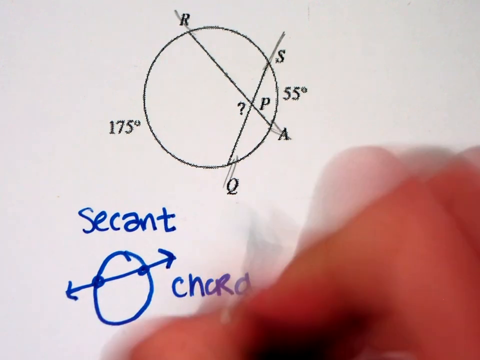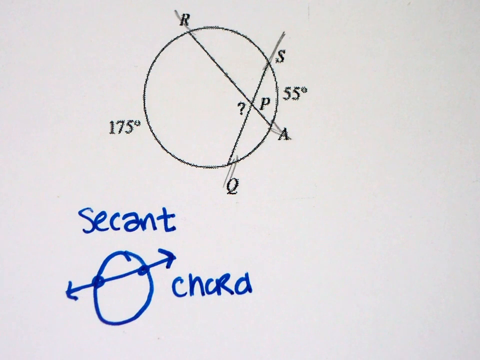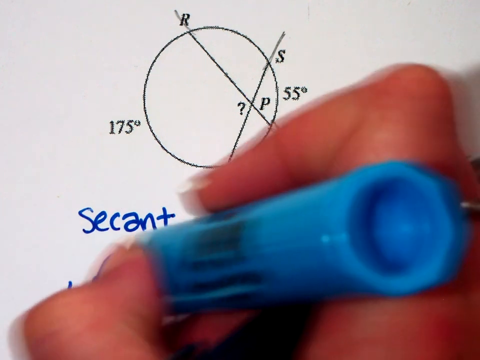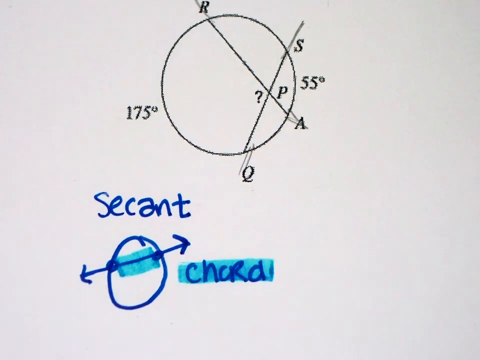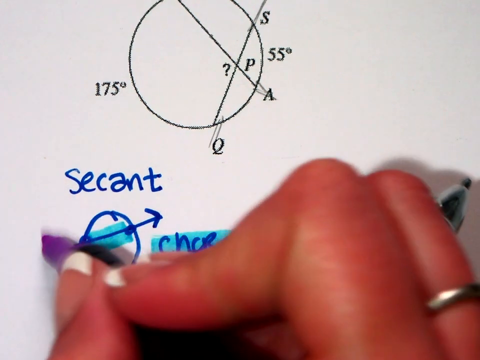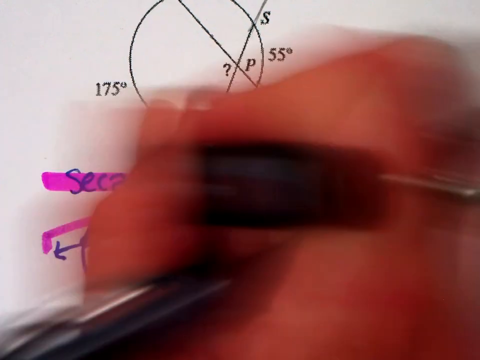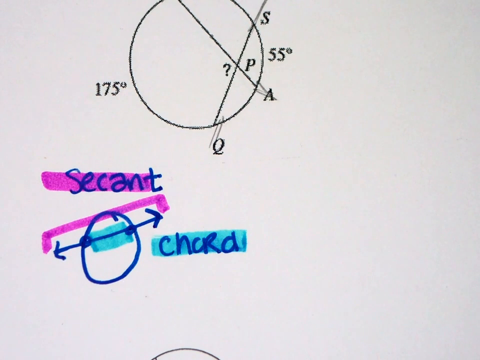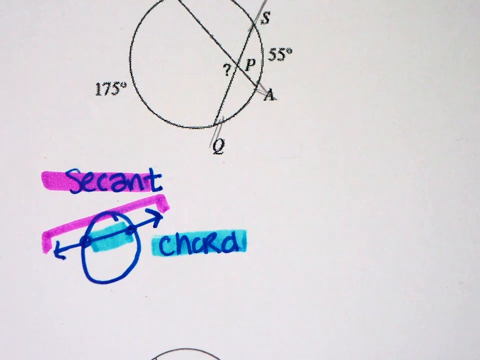However, if its segment endpoints are located on the circle, it's called a chord. So inside the circle is called a chord, whereas this full segment from here to here is called a secant. When it goes through the circle, it's called a secant. If it stops in the circle, it's called a chord. That's just some vocabulary that's going to help us make sure that we're setting our problem up the right way.